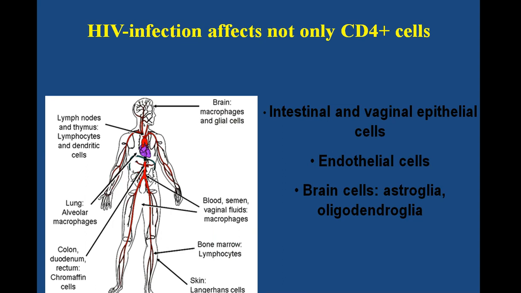Of course, you must know that HIV infection affects not only CD4 cells; it can also penetrate intestinal and vaginal epithelial cells, endothelial cells, brain cells, astrocytes, oligodendrocytes.